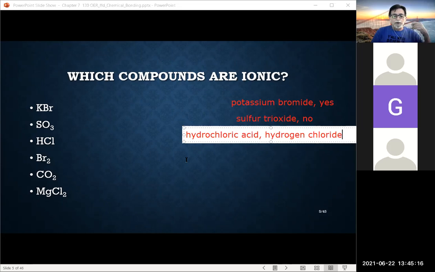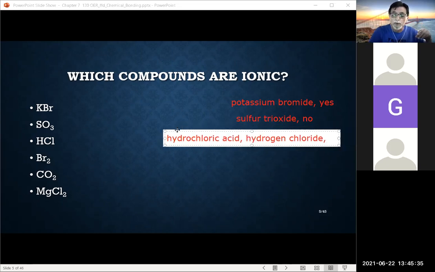All right, third one. So it's HCl. The question is, is HCl ionic? Exactly, no. You might be tempted, but it is a covalent compound, and no, it's not ionic.